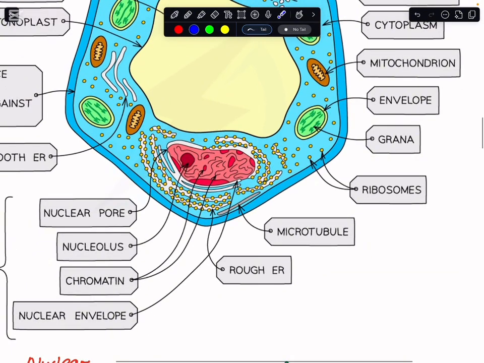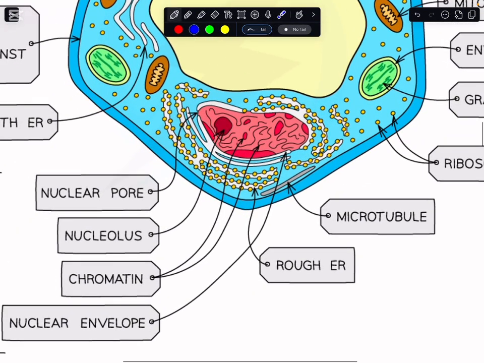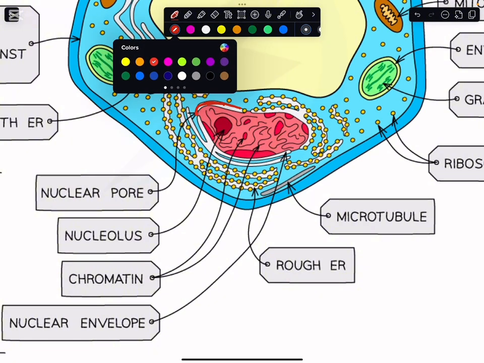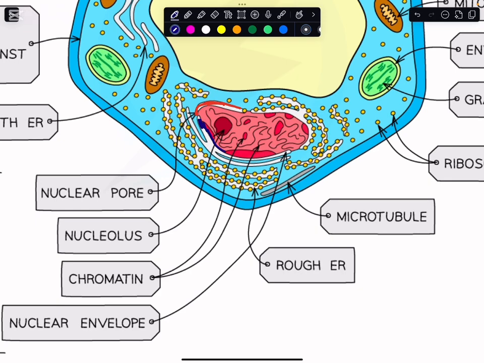Now, moving further, here we have got this important organelle, and if I were to highlight it with the laser pointer, this is the nucleus. The nucleus has on the outside of it what we must call the nuclear envelope.